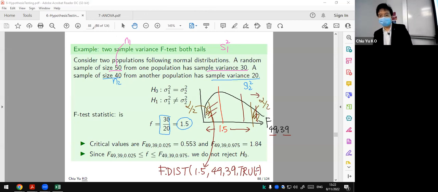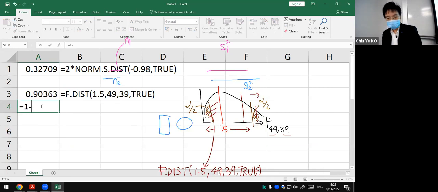So how you do the p-value is, instead of using this, you take 1 minus this.